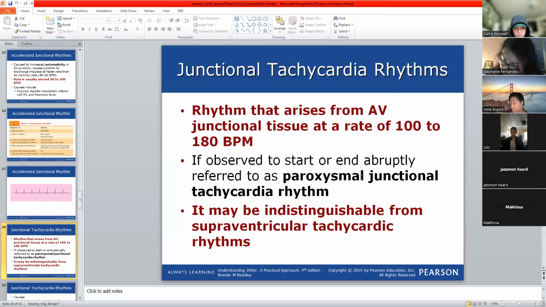So if I say, for example, paroxysmal tachycardia, this means it comes and goes. It is not present all the time. Okay, are you following me, Irene? Okay, so paroxysmal means comes and goes.